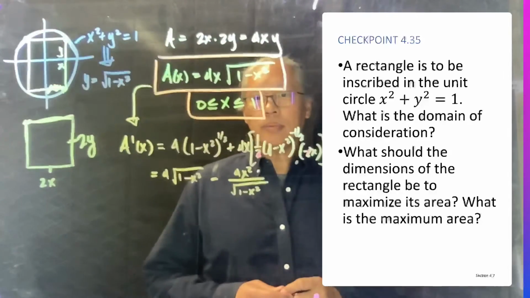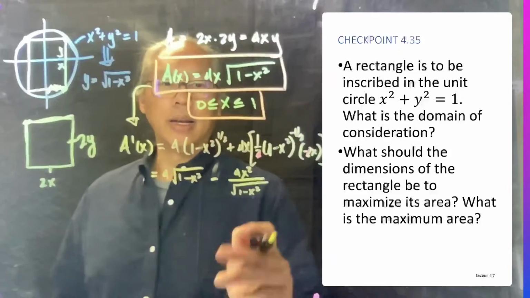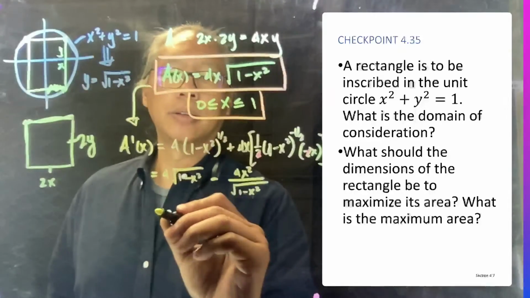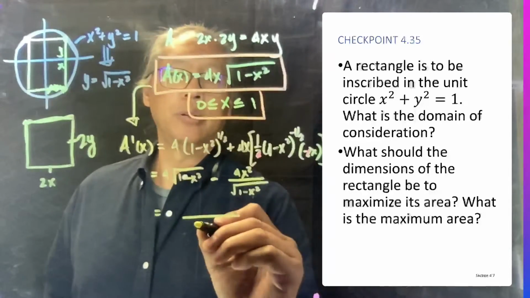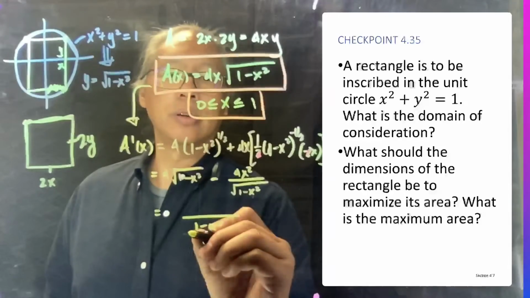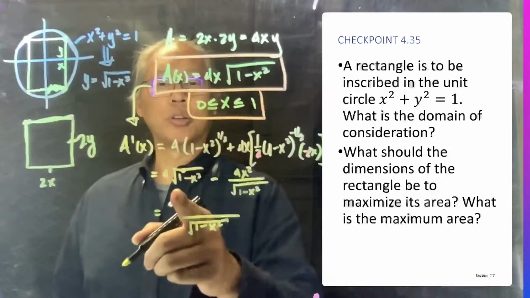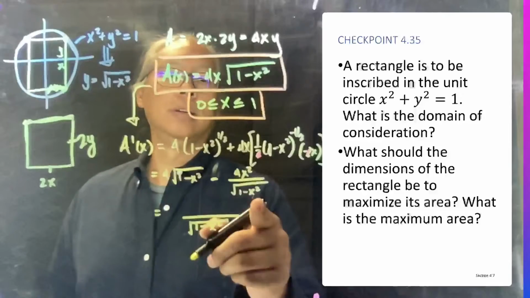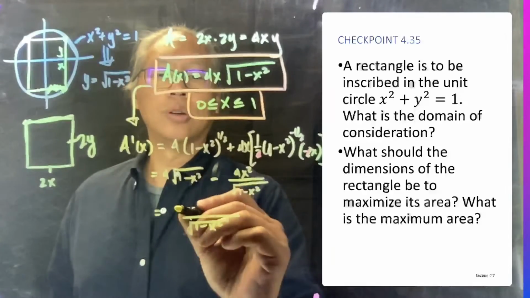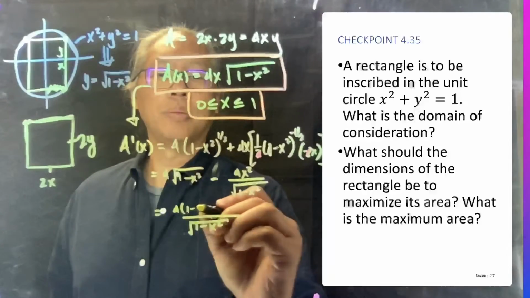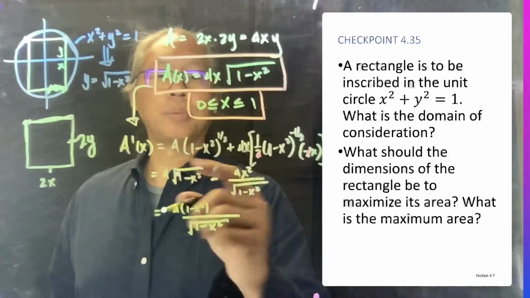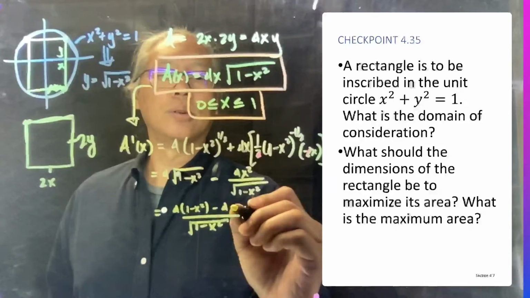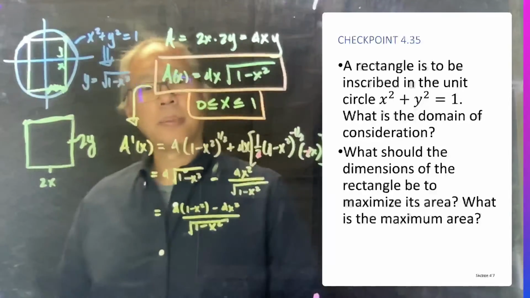Okay. I think we can combine this by having common denominators, and the common denominator would be the square root of 1 minus x squared, which means I would multiply this by itself, and that would give me a 4 times 1 minus x squared to the first power minus 4x squared.